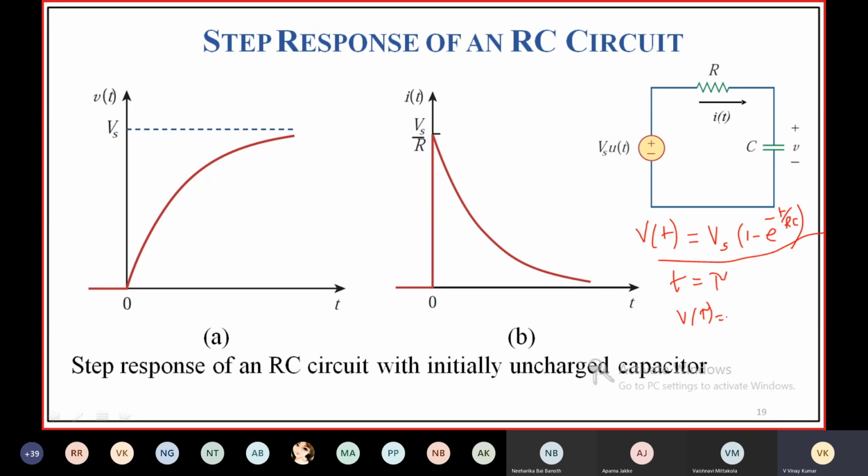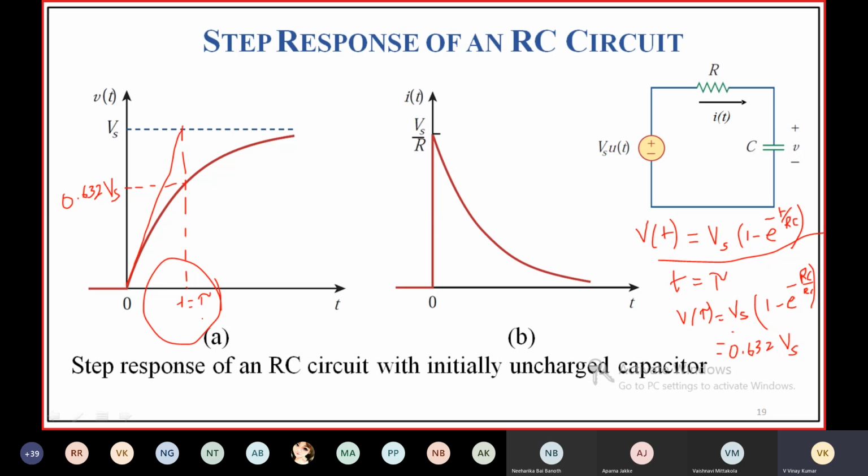You can say v of tau is equal to Vs into 1 minus e power minus RC by RC, which is equal to 0.632 into Vs. So if you draw a tangent, it intersects the final value when time t is equal to tau. The response will be 0.632 Vs.